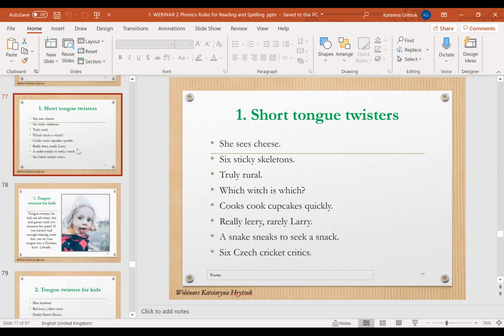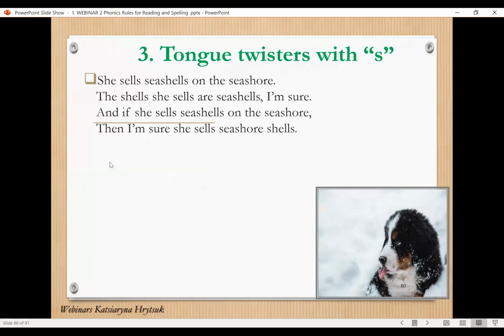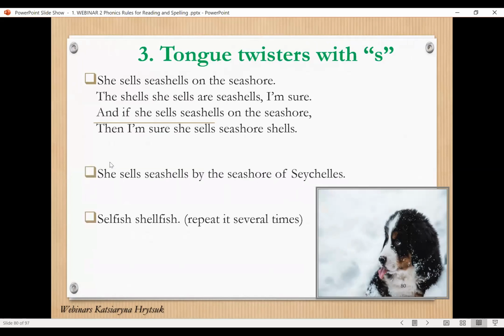Okay, I will stop here. You can take a picture of this slide. Okay, so this slide. Then you can make a picture, this one. Then this one, she sells seashells on the seashore.